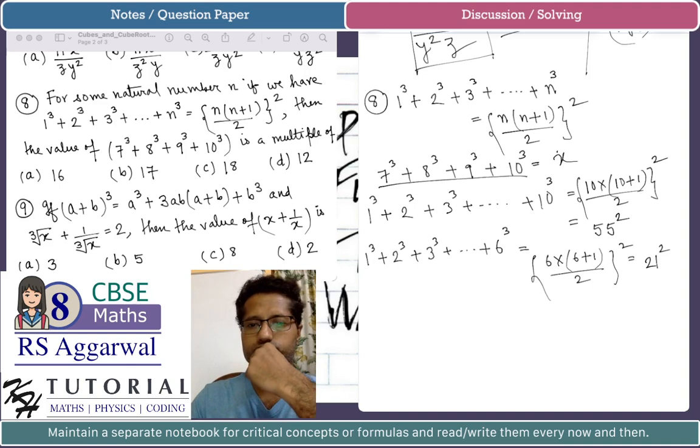Now therefore we can see that 55 square was the value of the sum of cubes of the first 10 natural numbers.